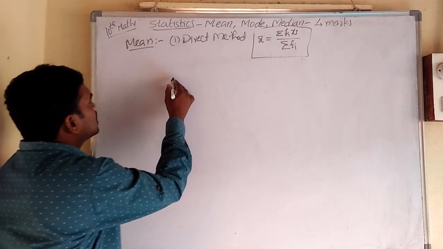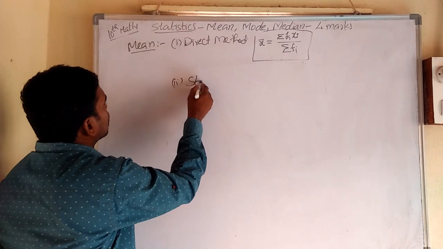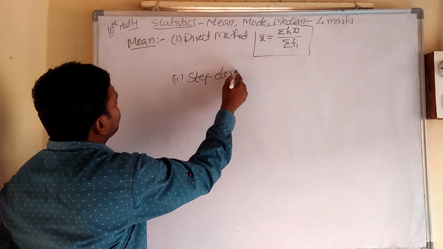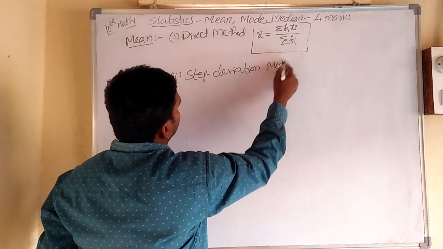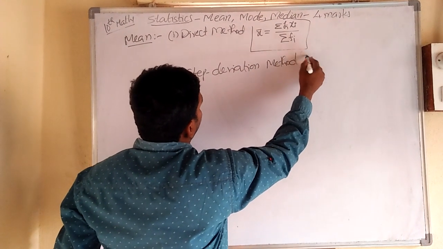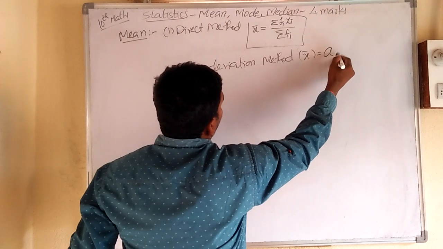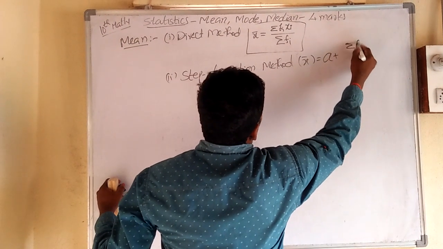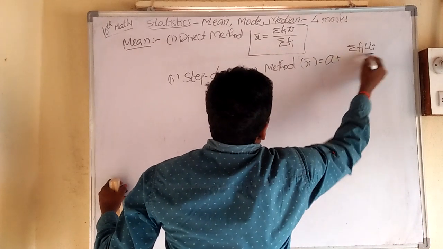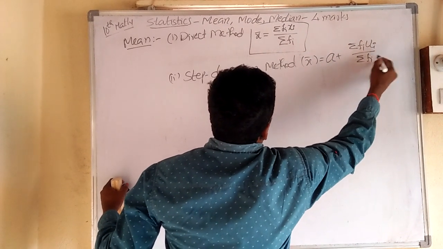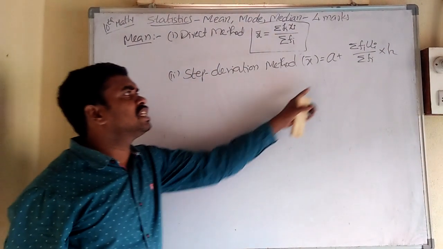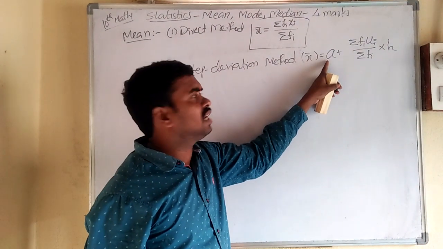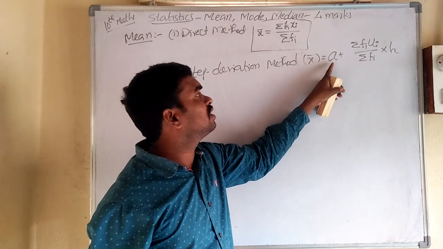And the second method is the step deviation method. In this step deviation method, mean denoted by x bar is equal to a plus summation fi ui by summation fi, into h. This is the formula. A means assumed observation.